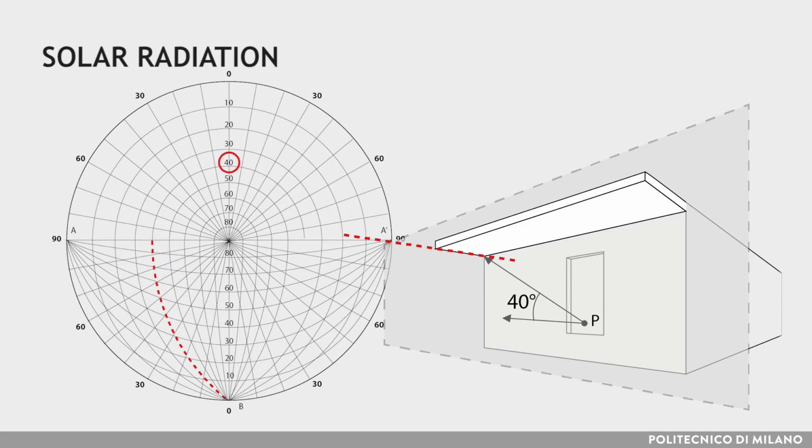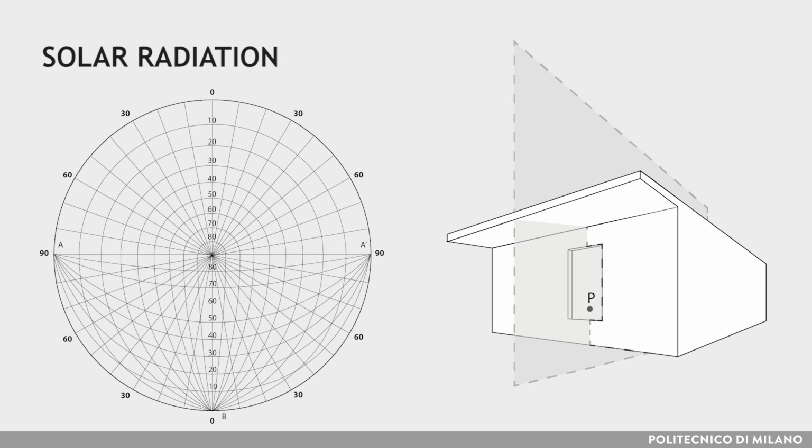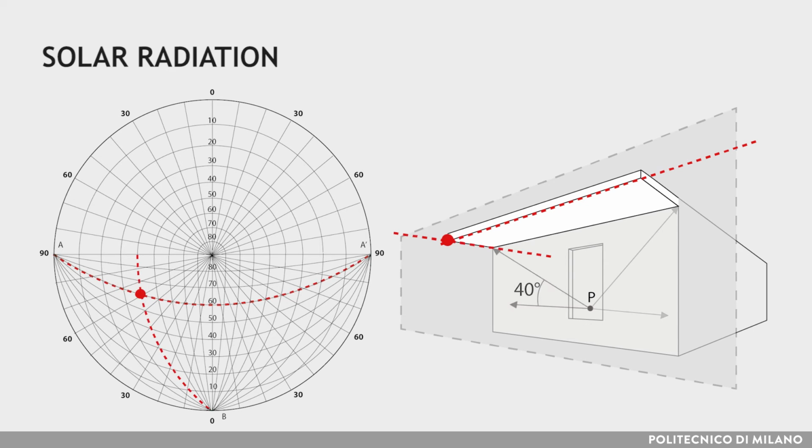The values of sigma are readable on the upper vertical semiaxis in correspondence of its intersection with the semicircles. In the same way, also the influence of the upper limits of vertical overhangs can be visualized. For example, here you can see the protractor drawn up in relation to a horizontal shading.